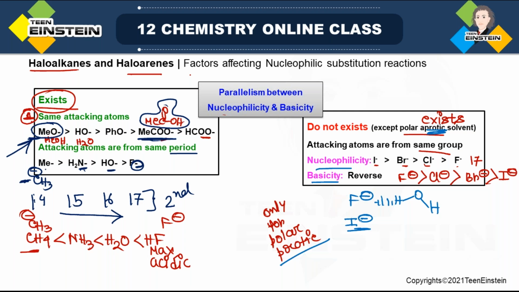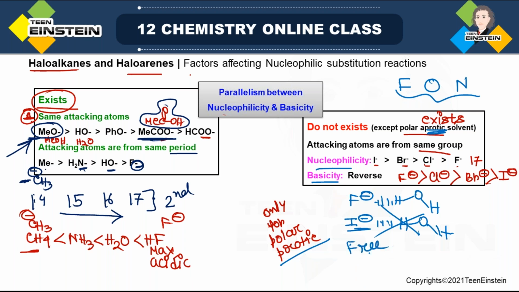Sometimes it is also possible with chlorine, but it is very weak. Mainly, hydrogen bond formation is possible with fluorine, oxygen, and nitrogen. So with I minus, a hydrogen bond like this is not possible.